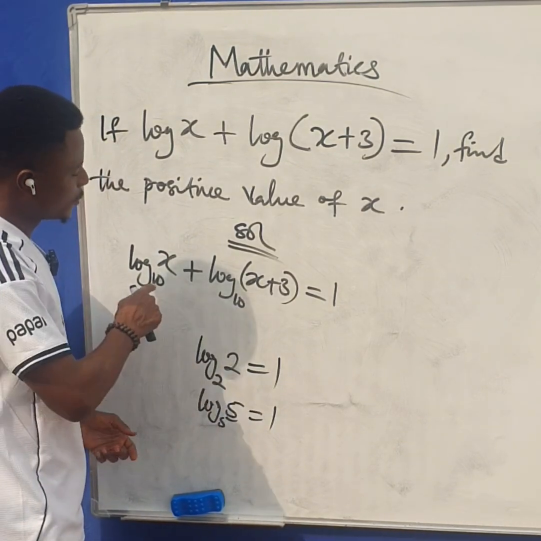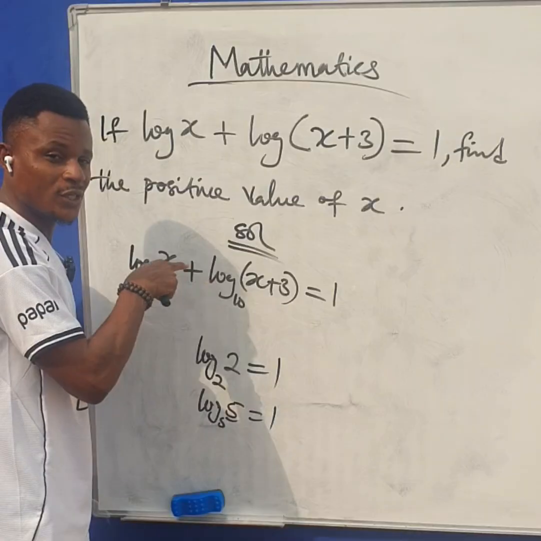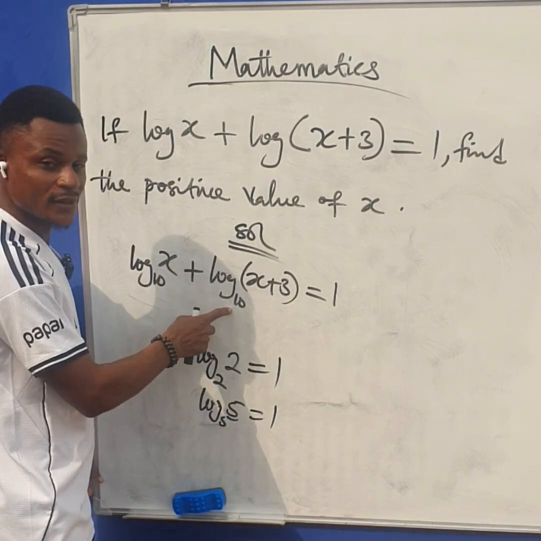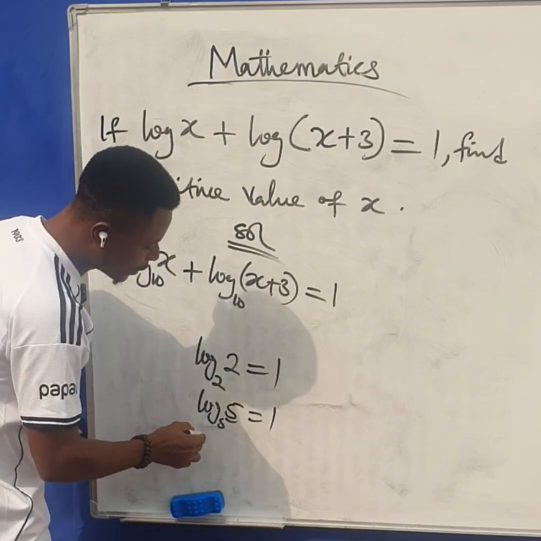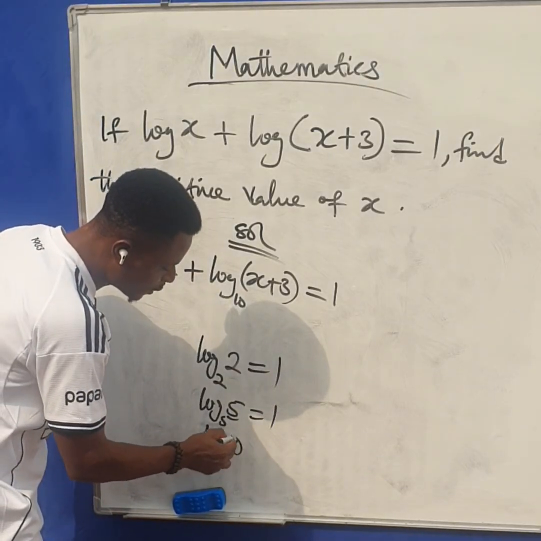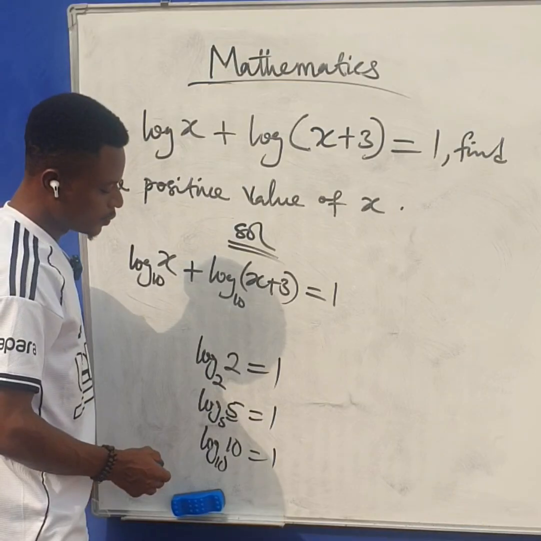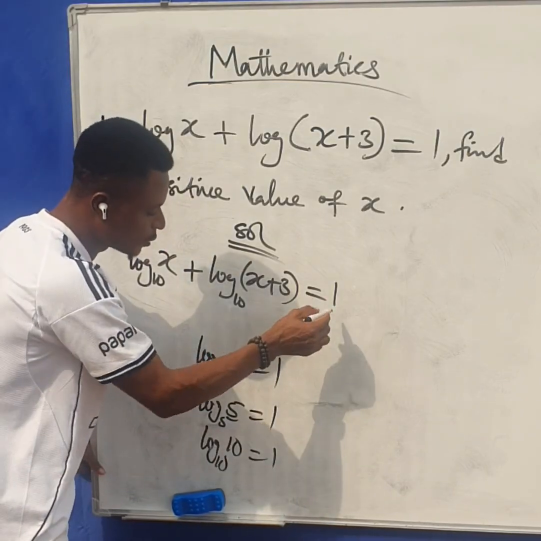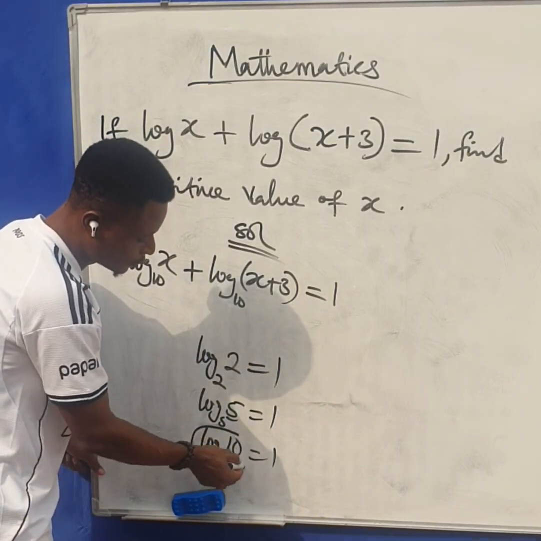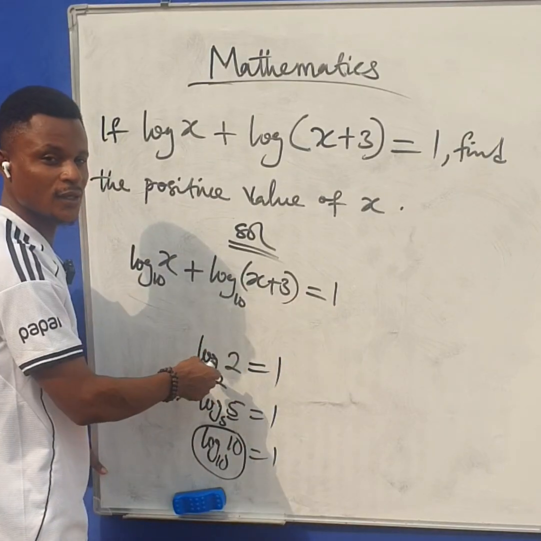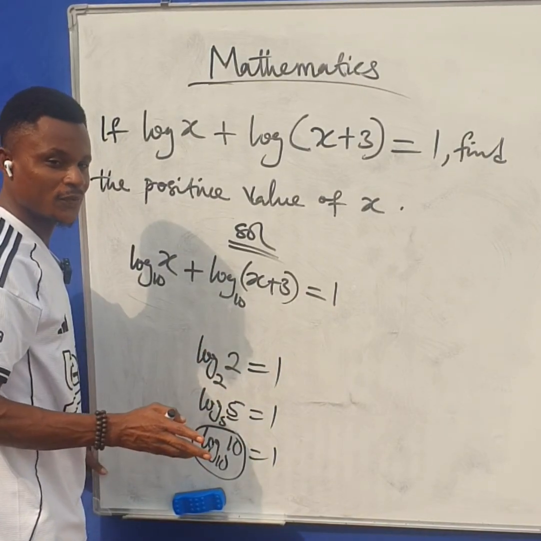Because in this equation the base is base 10, if you write log 10 base 10, it will be equal to 1. So we can replace the 1 here with log 10 base 10, because log 10 base 10 is equal to 1. I hope you understand the logic now.